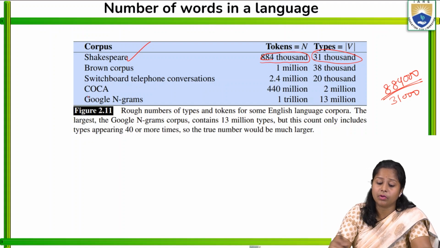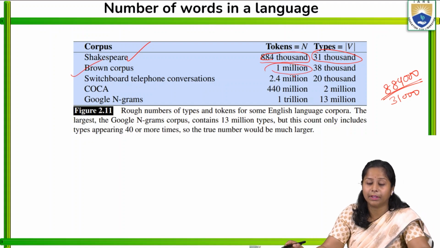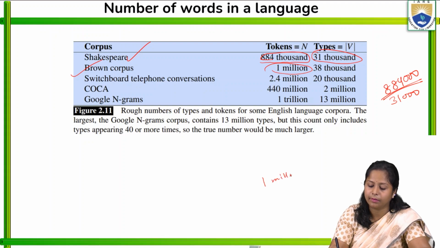Now the Brown corpus has 1 million tokens. You can understand how large these corpora are. The vocabulary is 38,000.